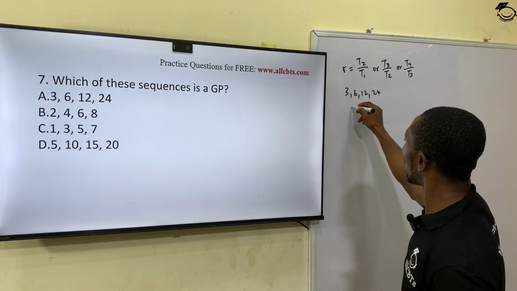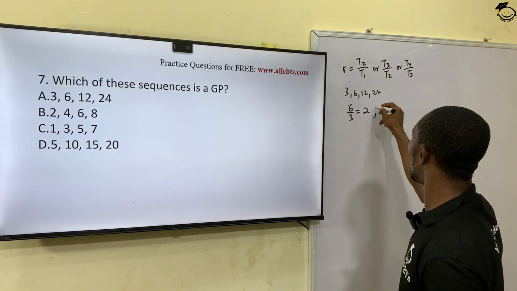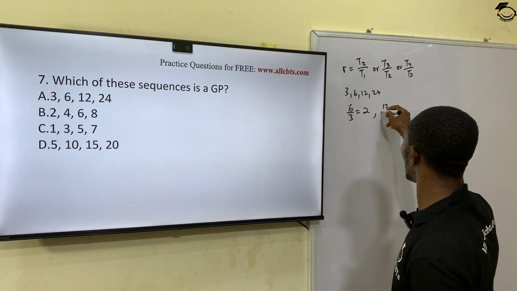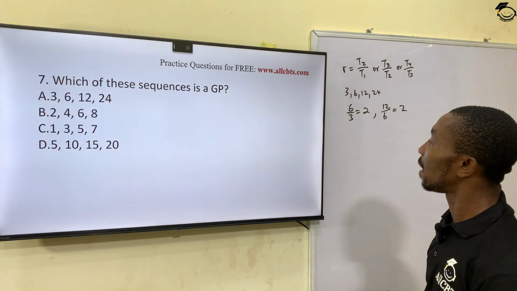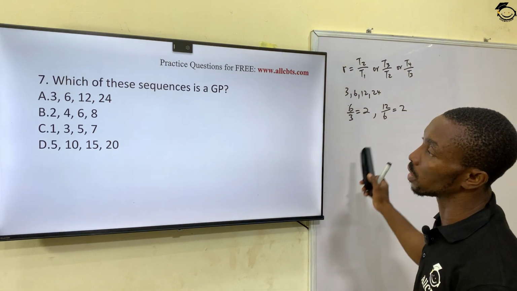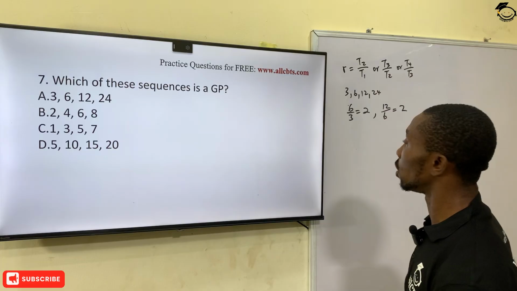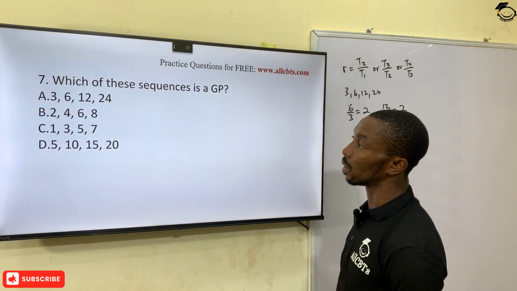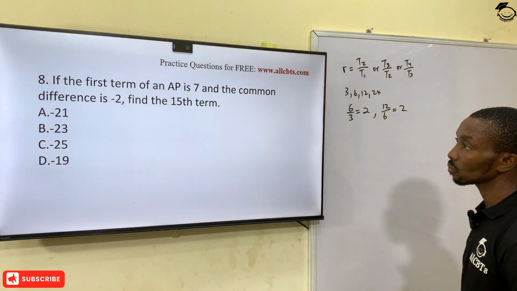So T2 over T1 will be 6 over 3, which gives us 2. And this is 12 over 6, which gives us 2. So that means our geometric sequence here would be option A, which is 3, 6, 12, and 24.